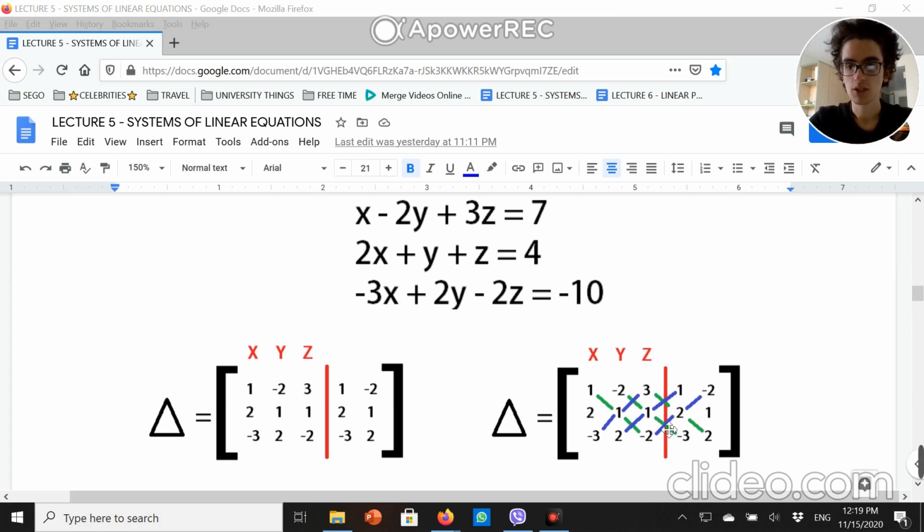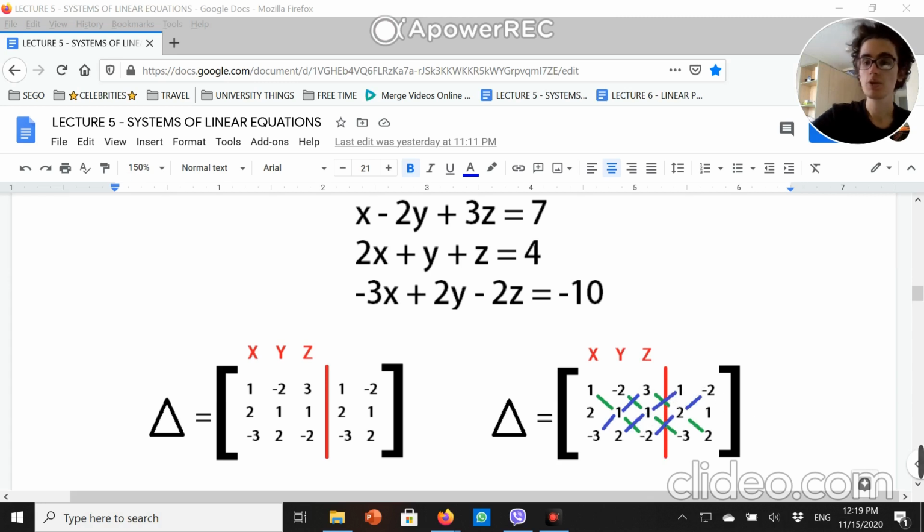Once we multiplied these, we go from down to up and multiply those as well. So we would have negative 3, sorry, times, now we go up to the right, 1 times 3, 2 times 1 times 1, and negative 2 times 2 times 2.